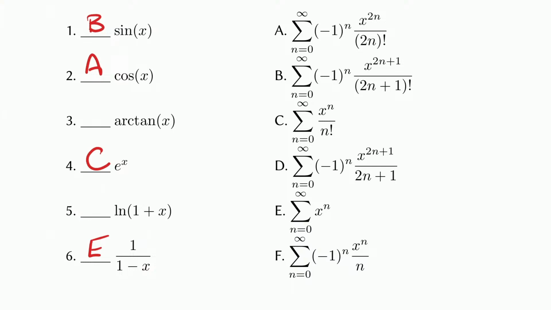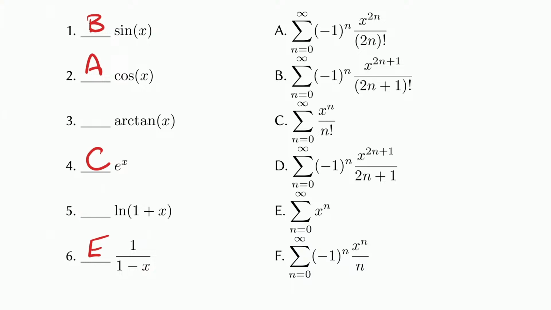So natural log, let me think about this. How about this? Natural log of, oh, I know. No, that doesn't help you. Yeah, if you plug x equals -1 in here, the natural log of 0 is undefined. But if you plug -1 in here, the arctangent of -1 is defined. It's pi over 4.